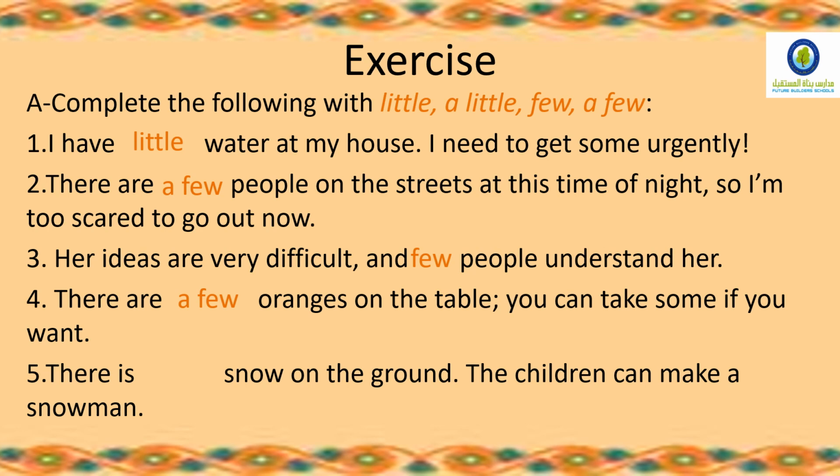So, they can make a snowman. So, the quantity or the amount of the snow that we have, enough or not enough, they can make. So, the quantity is enough. So, little or a little? The answer is a little. There is a little snow on the ground that children can make a snowman.